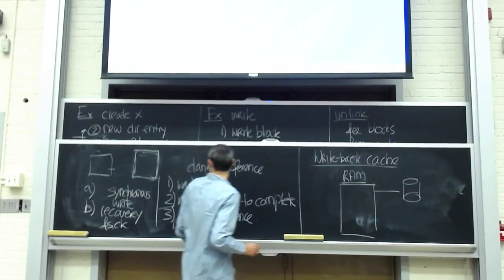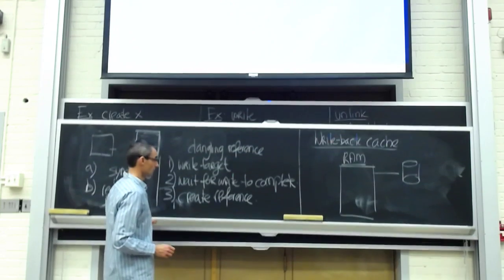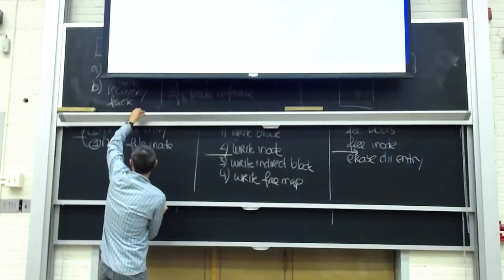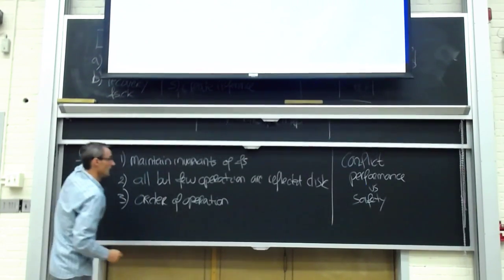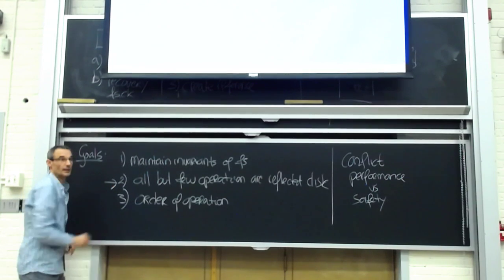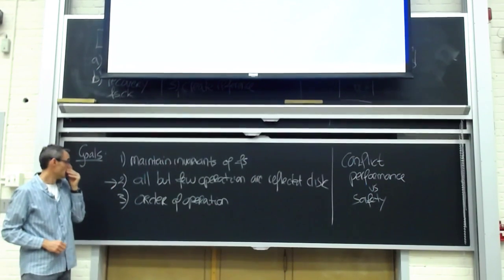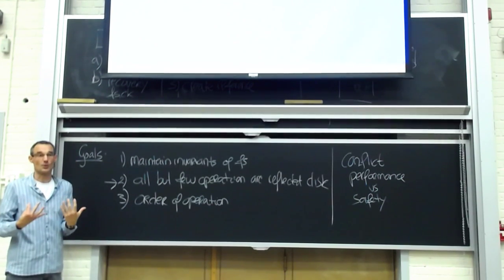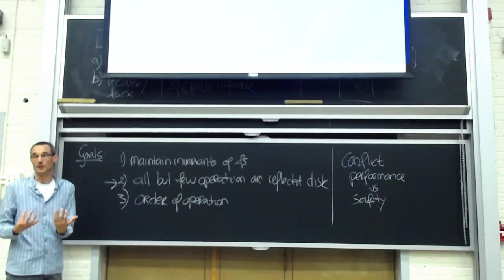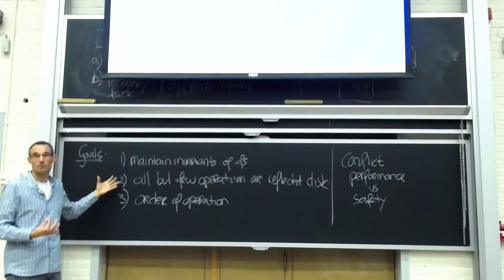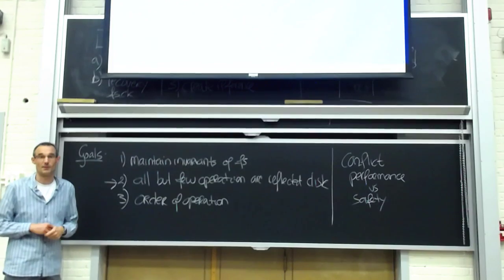Because we don't promise that all the changes to a file are actually reflected on disk immediately anyway. So we're only promising that the last few operations are not being applied yet.